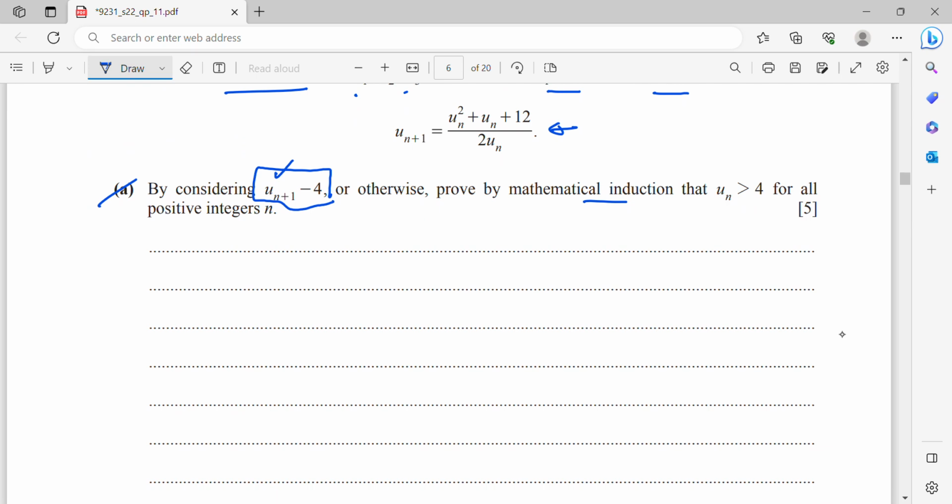So first of all, let Pn be the statement, because now you need to prove this: un greater than 4 for all positive integers n.